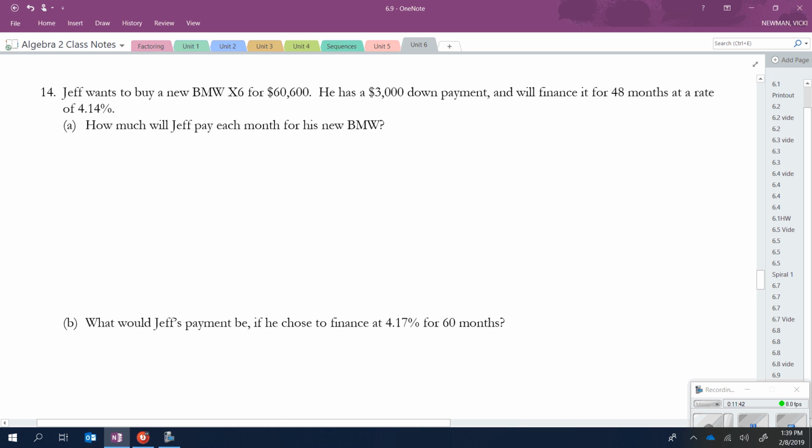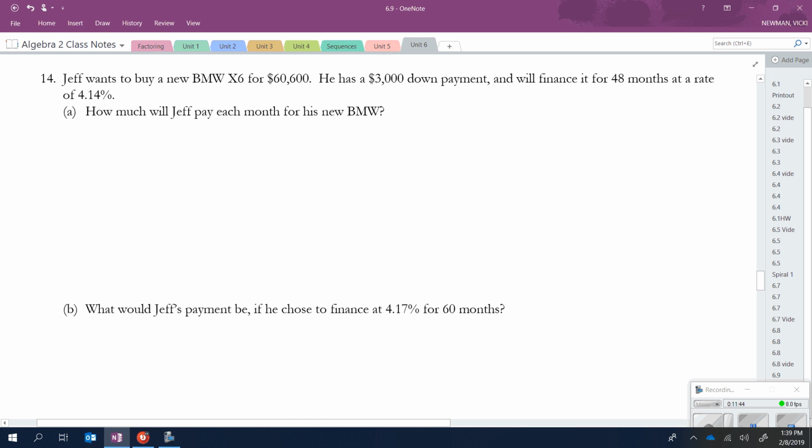We're going to talk about Jeff. Jeff wants to buy a new BMW for $60,000, $60,600. He has a $3,000 down payment and will finance it for 48 months at a rate of 4.14. 48 months is 12 times 4.